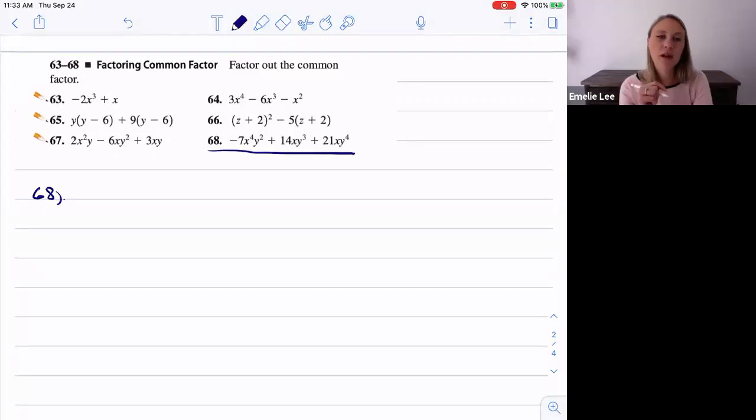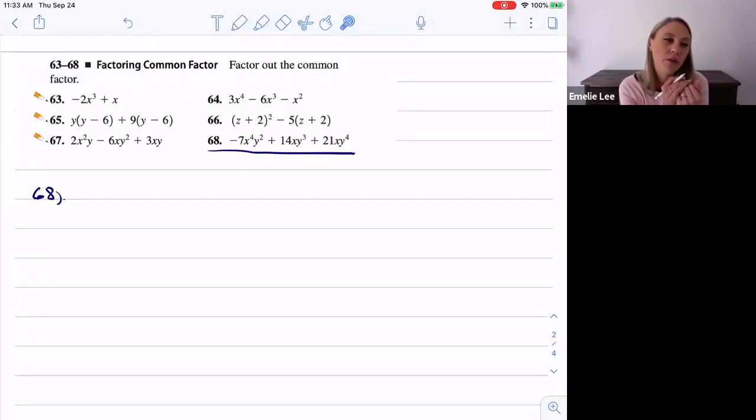If we have to factor out the common factor, what we do is we just pull out the lowest common multiple from each of these terms. Especially if we're looking at something like negative 7x to the fourth y squared, plus 14x y to the 3, plus 21x y to the fourth. Each of these terms has a coefficient. Each coefficient looks like it's a multiple of 7, so that's really good for us.